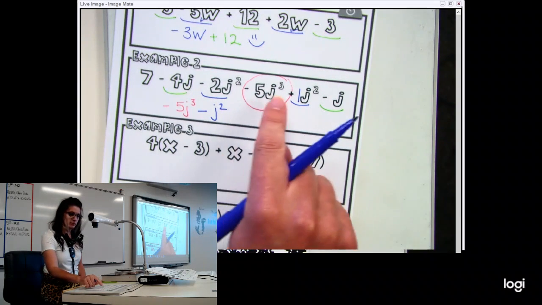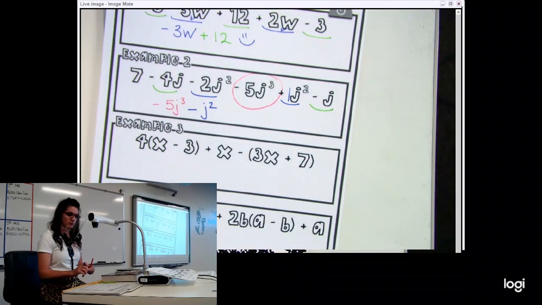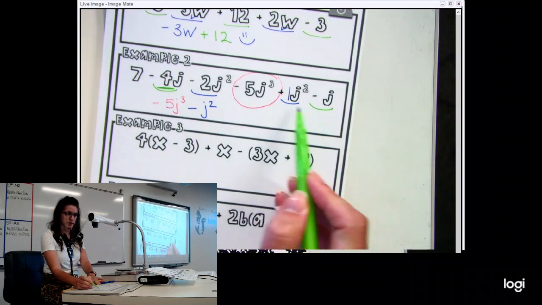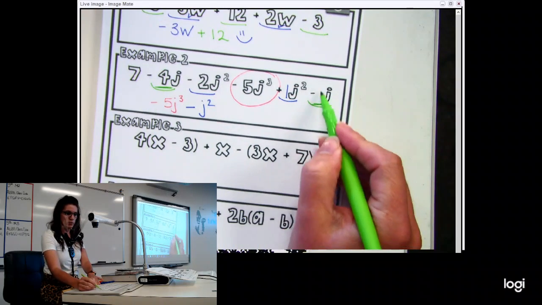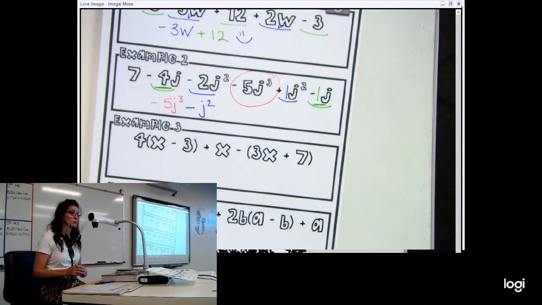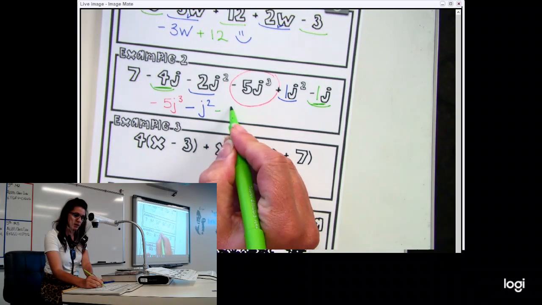Okay? So I've done the power of 3. I've done the power of 2. Now I need to move down to the power of 1, which would be here and here. I've got -4 and a -1. Combine those and what do you get? -5J.